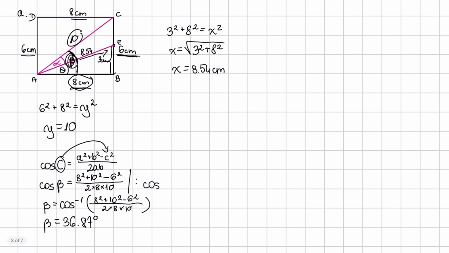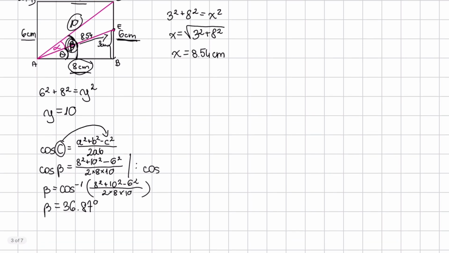So we already have this greater angle, and now we have to calculate this theta in order to subtract it from beta, and then we will have our alpha. So also in here we have to use the cosine rule.